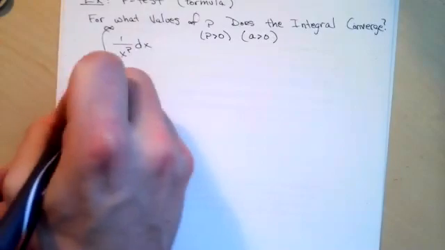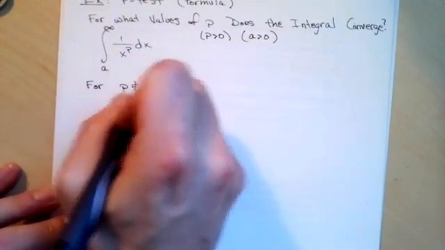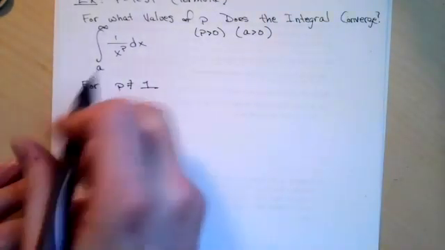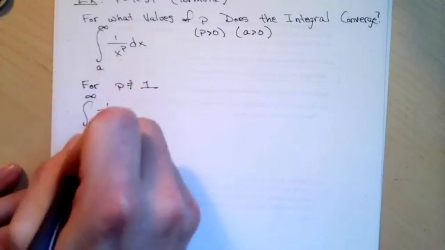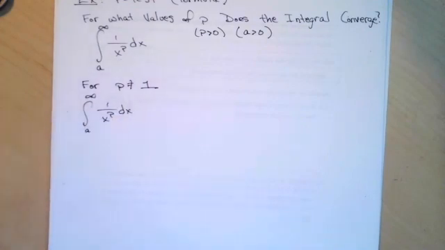So we'll do the integral for p not equal to 1. What do we get? The integral from a to infinity of 1 over x to the p. I'm going to take some shortcuts with the notation, because writing the limits is kind of pointless, and you'll see why.